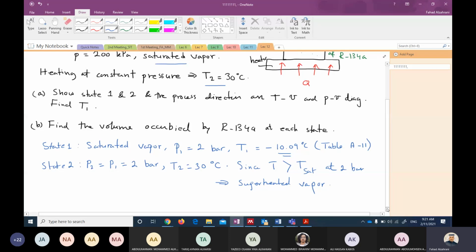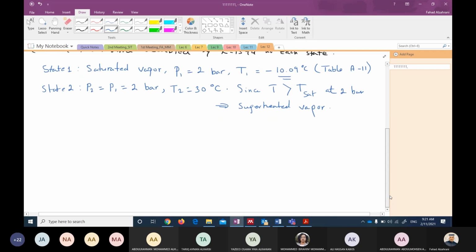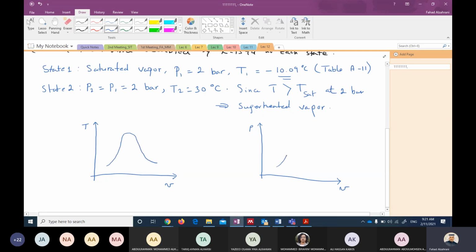Now the T-v and P-v diagrams, how do we draw them? Did any of you try this? How did you draw it? Yes Doctor, we draw the dome first. Excellent. The first step is always to plot the dome.